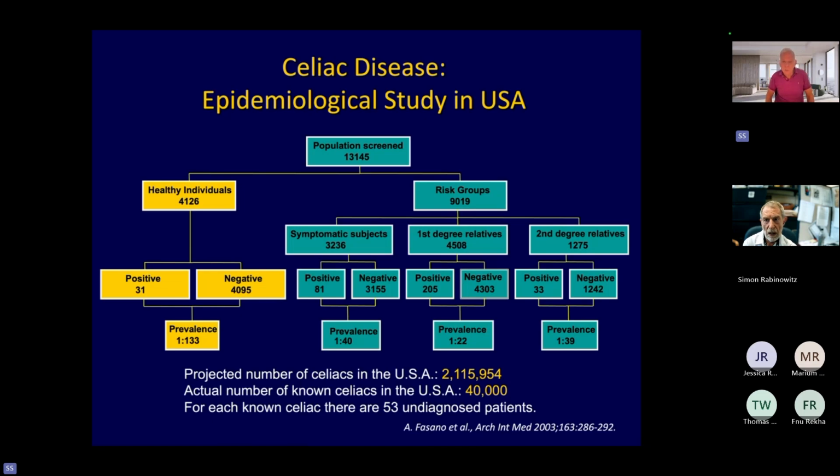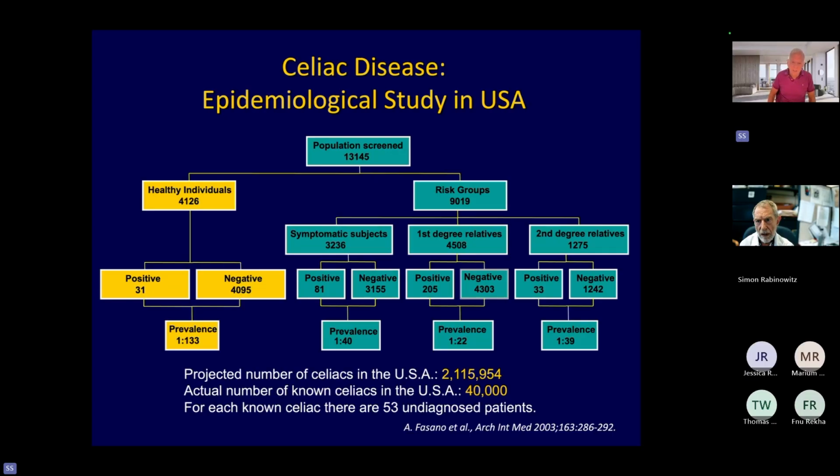So let's look at the risk groups first. They include symptomatic patients, first-degree relatives, and second-degree relatives. Of those patients, the prevalence in symptomatic subjects is 1 in 40. In patients who are first-degree relatives, 1 in 22, and in secondary relatives, 1 in 39.